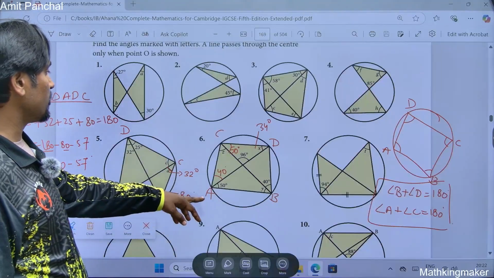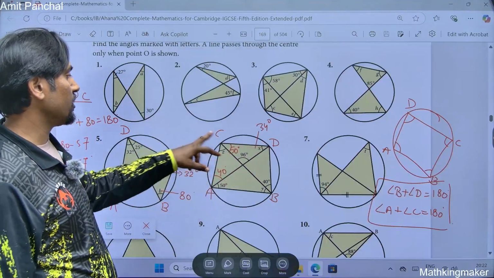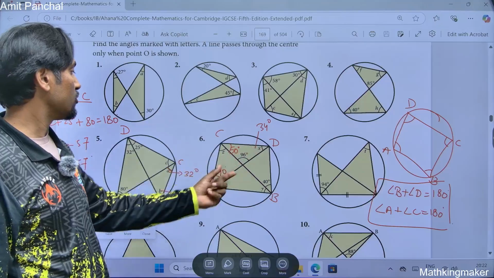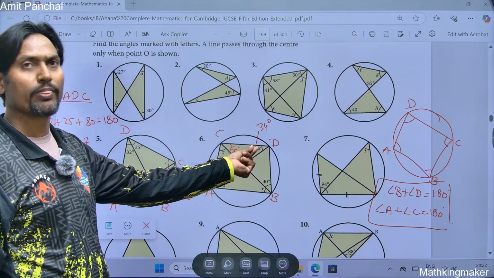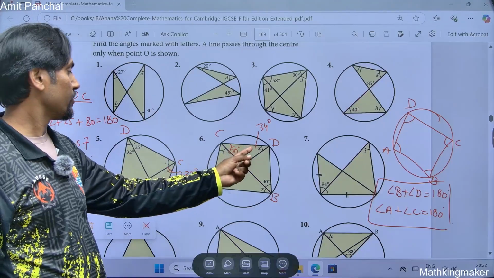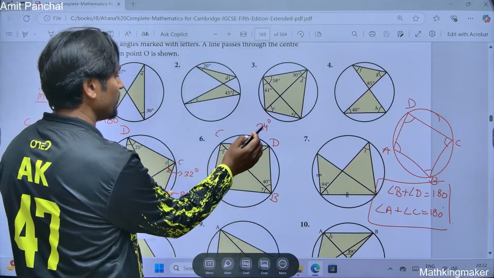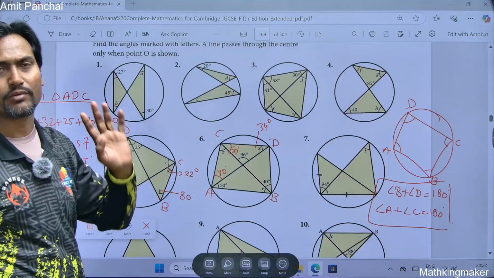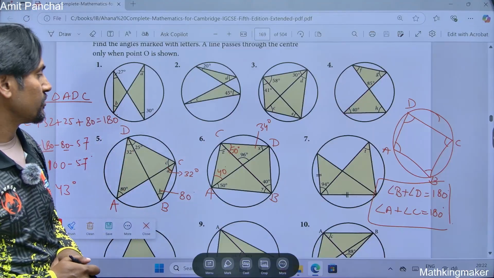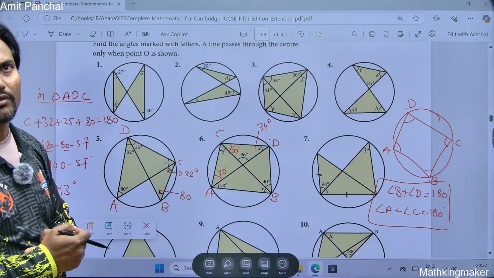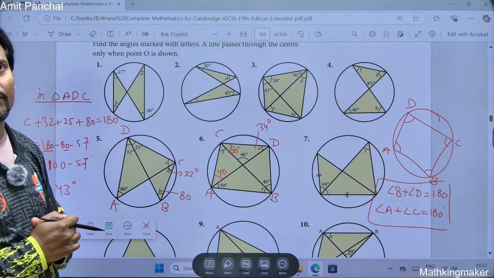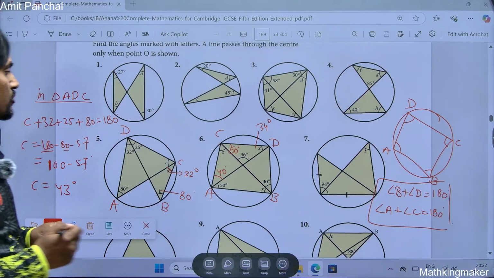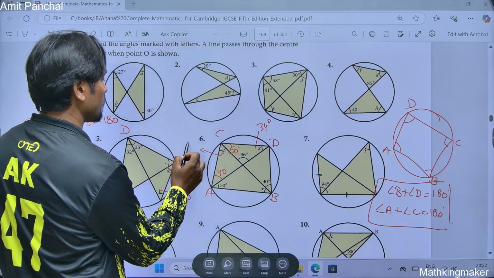Just see in the ACD triangle. It is 40 degree. It is 34 degree. So 40 plus 34 is how much? 74. 74 and 50 is 124. So how much is left? Yeah, 180 minus 124. Okay. So Z will be 56.